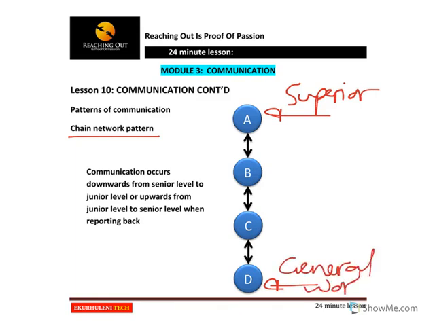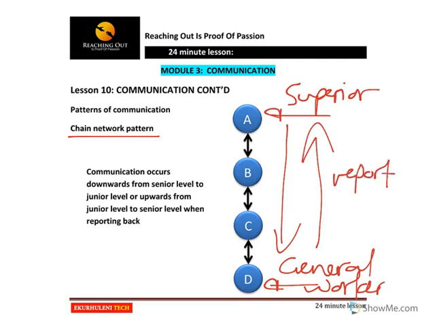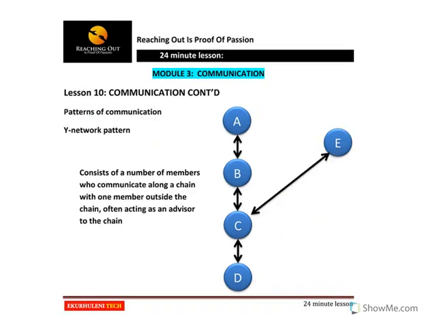Now, when we're talking about a chain network communication, we're saying communication occurs downwards. As you can see, it's downwards from the superior person, which is the senior level, to the junior person, which can be a general worker. Now, when it is going upwards, we call it report back. In other words, they are reporting on the instruction that they've been given by the superior. So we call that a chain network.